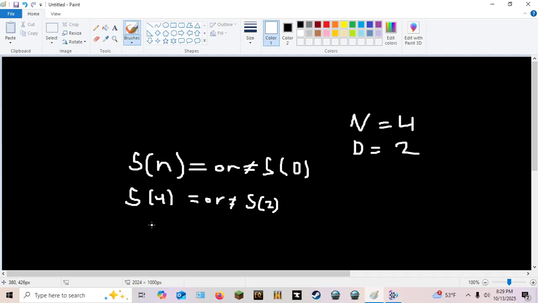The succession of 4 is 5, and then the succession of 2 is 3. So therefore 5 is not equal to 3. So we're gonna circle not equal to. So S of n is not equal to S of d.